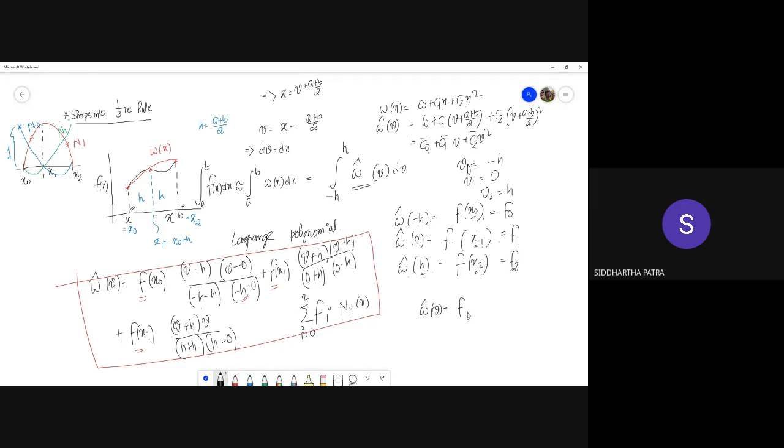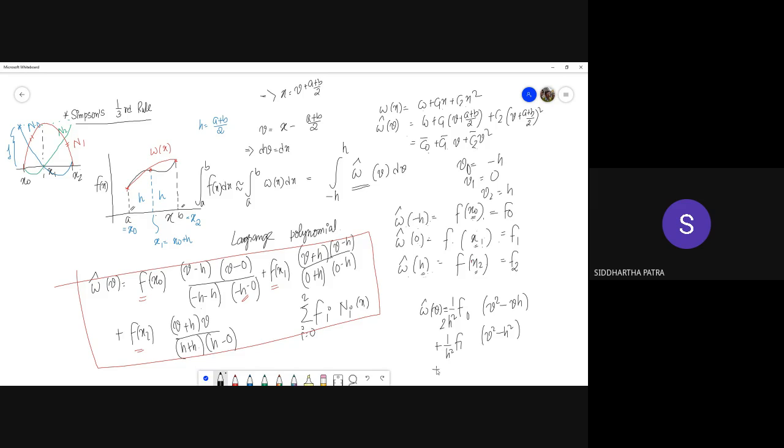So the first term would be f0 times 1 by 2h squared, v into v minus h, v squared minus vh, right? Then the next term is f1 times 1 by h squared, h squared, v squared minus h squared, right?